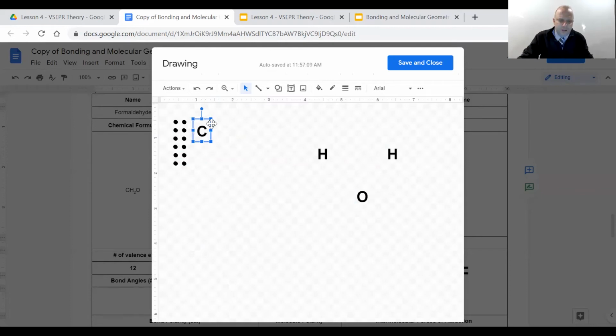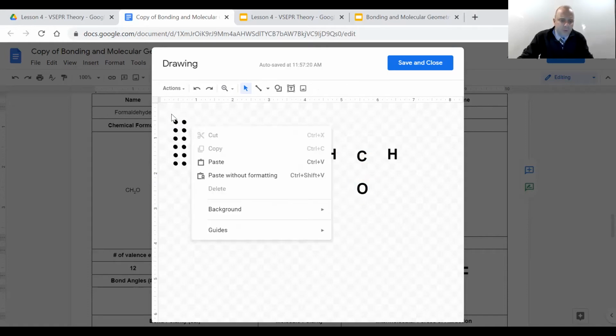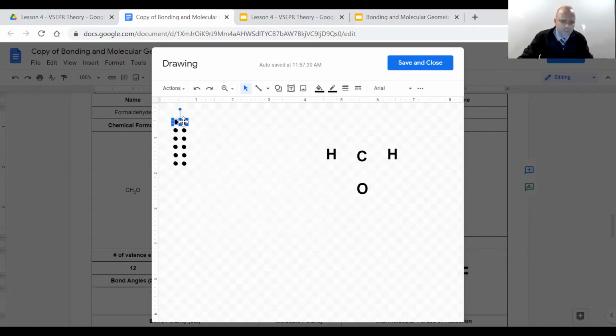Notice that I tried to grab the carbon first, and it knew that, and that's why it decided to grab everything else first. Okay, so we're going to move our atoms just a little bit closer. So I'm going to start off by connecting up my 2 hydrogens. So I'm going to connect a hydrogen on the left side. I'm going to connect, let's move that out of the way for a second. I'm going to connect up my hydrogen on the right side.